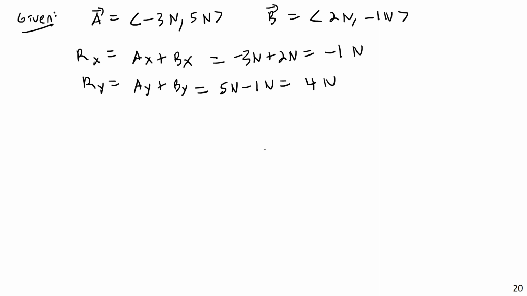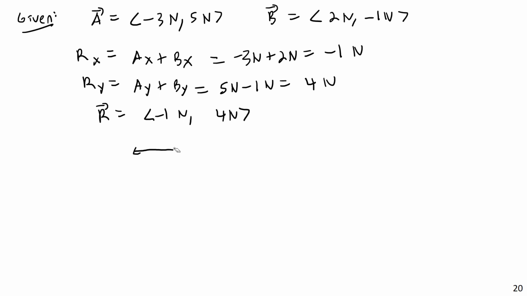And then if I wanted the final vector in polar form, well, first I could just say vector r in rectangular form is -1 newton, comma 4 newtons. But I could then go and convert this to polar form using methods we've seen previously. I could just start by plotting that out.